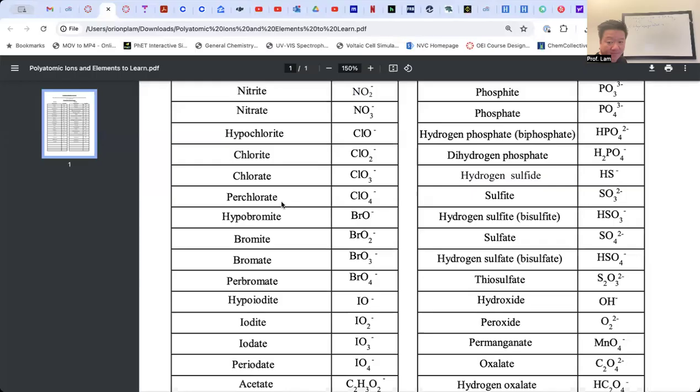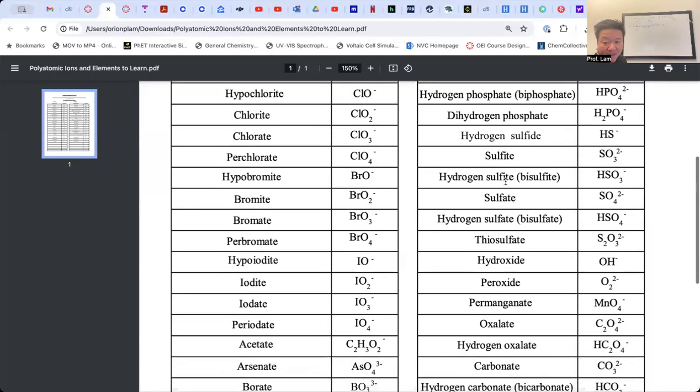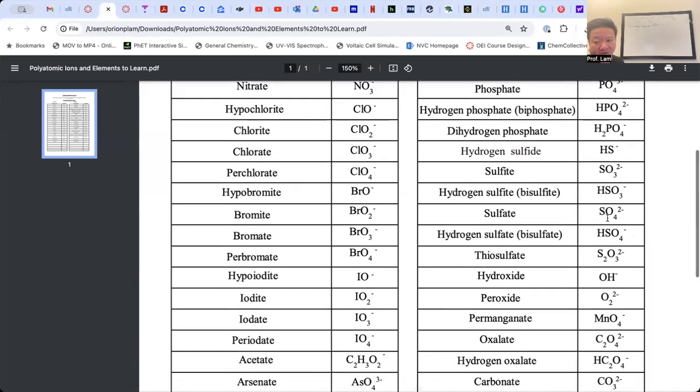We can look that up. Look at where hydrogen sulfate is. Hydrogen sulfate is basically a sulfate with one H in front of it, right? It's literal hydrogen sulfate. So if you know sulfate as SO4 2 minus, then hydrogen sulfate is just put another proton in front, HSO4 minus, okay?